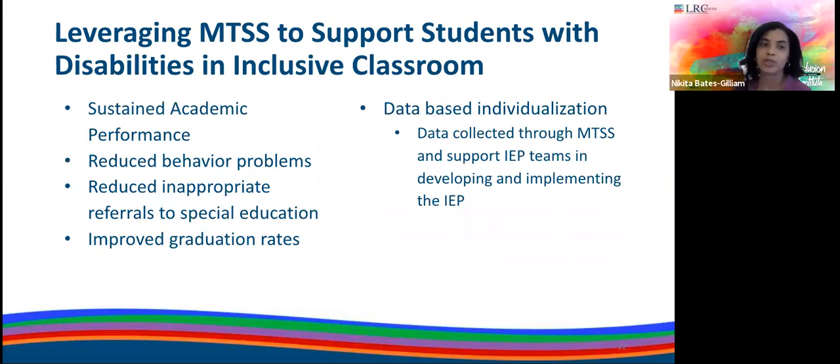Okay, so now we're going to flow into leveraging multi-tiered support systems to support students with disabilities in the inclusive classroom and what that looks like. Research has definitely proven that the benefits for students with disabilities who do receive MTSS in the inclusive setting lead to the following things. First, sustained academic performance.